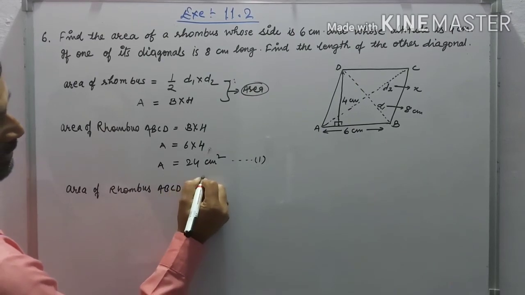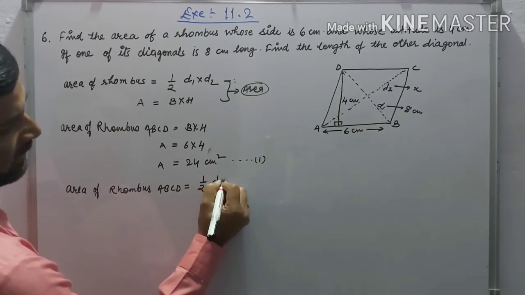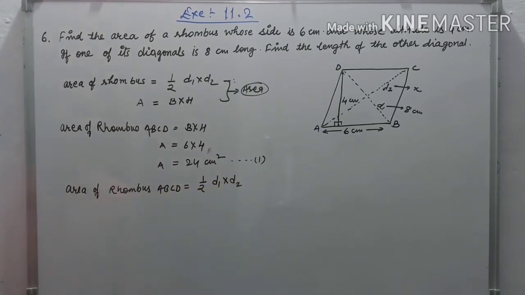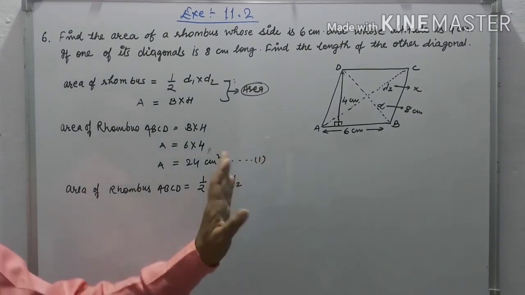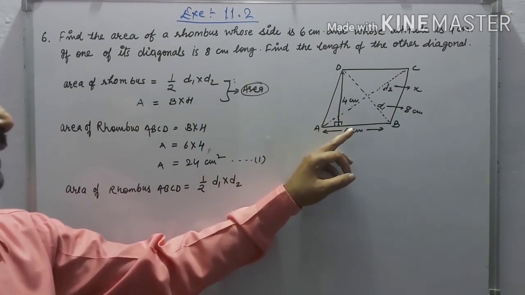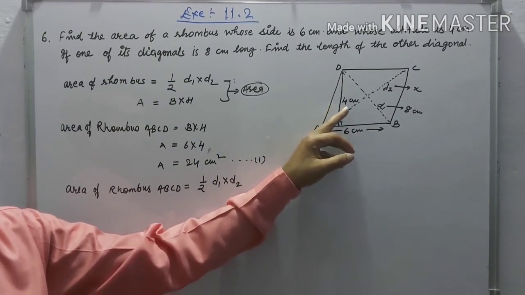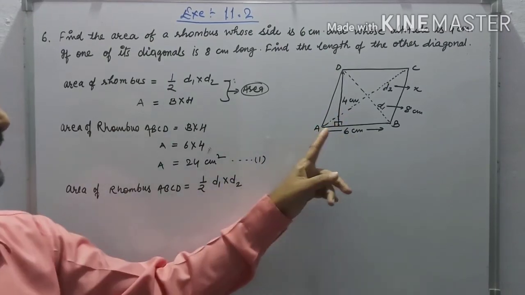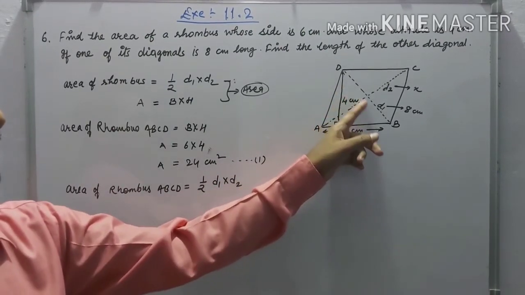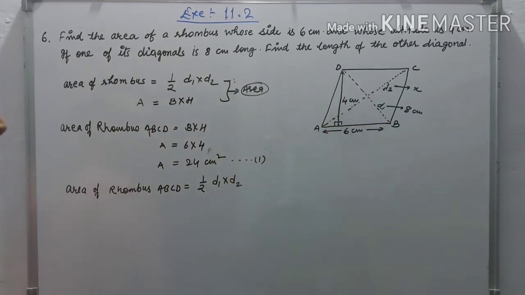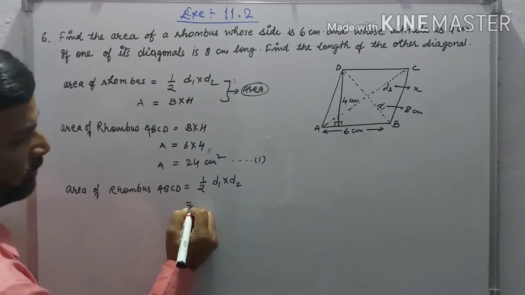ABCD is equal to 1 upon 2 first diagonal into D2. Okay, first we find the area with the help of base and height and then compare. The second time you compare if the area is by its diagonals. Okay, now here we will put the values.